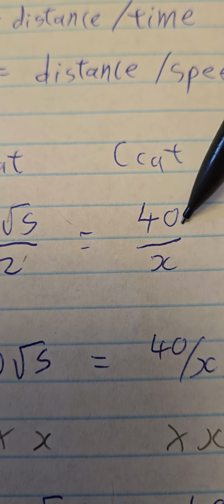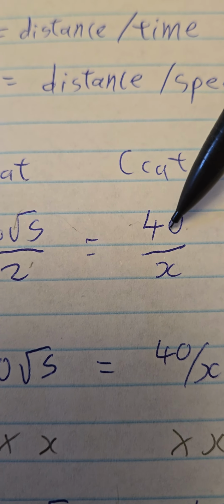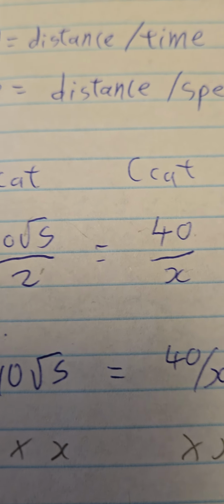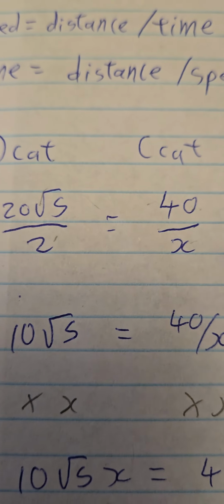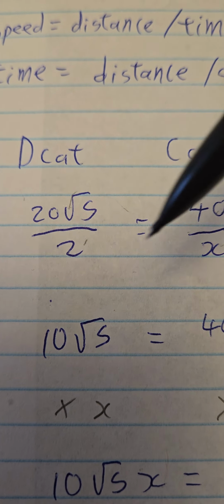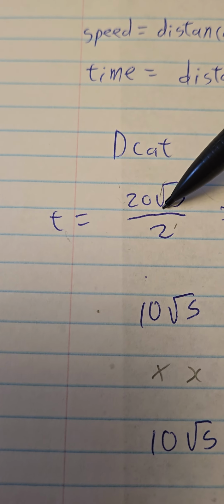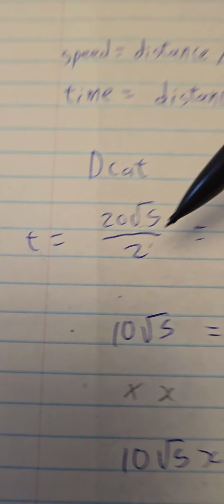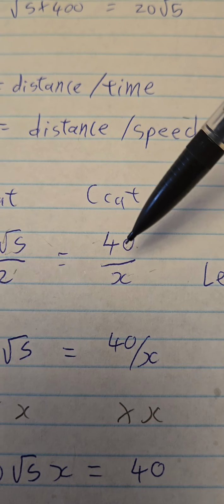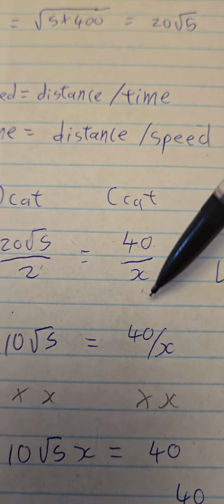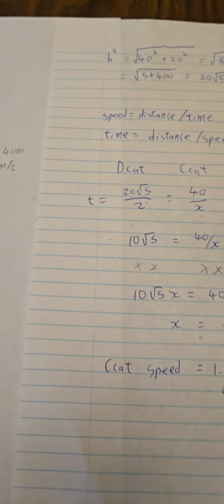The other cat traveled a distance of 40 meters and his speed we don't know, we're going to call it x, because time is distance over speed. We do know it's the same time for both. So this one is 20 root 5 divided by 2, that's distance over speed, and that's C cat's distance over speed. And so what we have to do from this is calculate x.